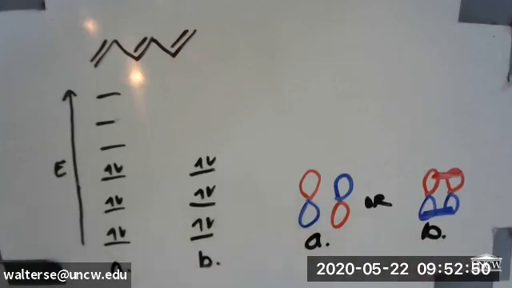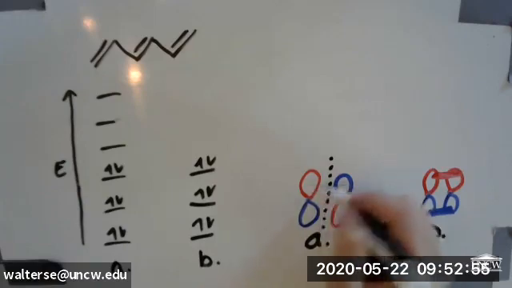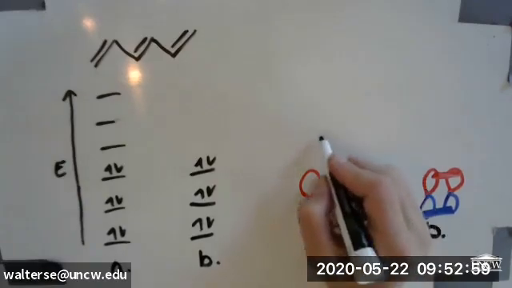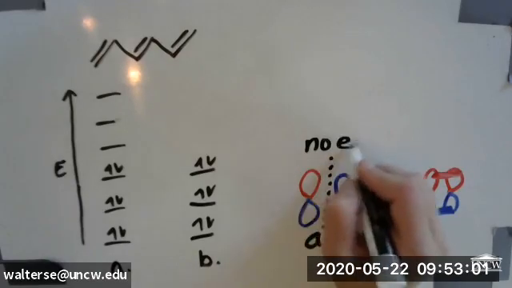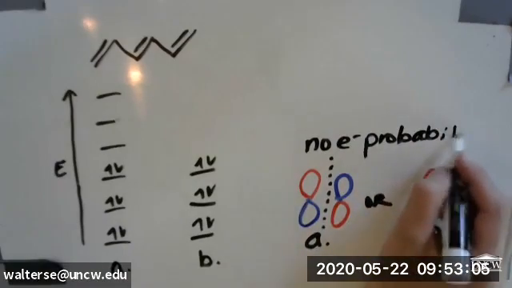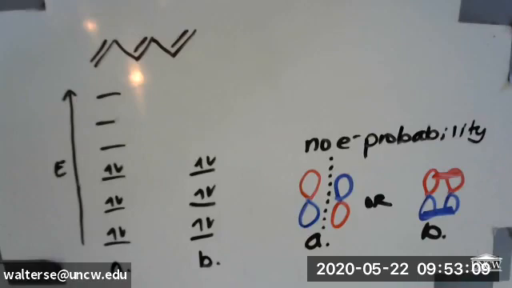A node is going to occur when you're trying to add opposite signs of the wave functions. A node means that you have no electron probability, so you're not going to find an electron there. This is a little bit tricky, because a lot of organic chemistry is going to make sense if you think about electrons as particles.